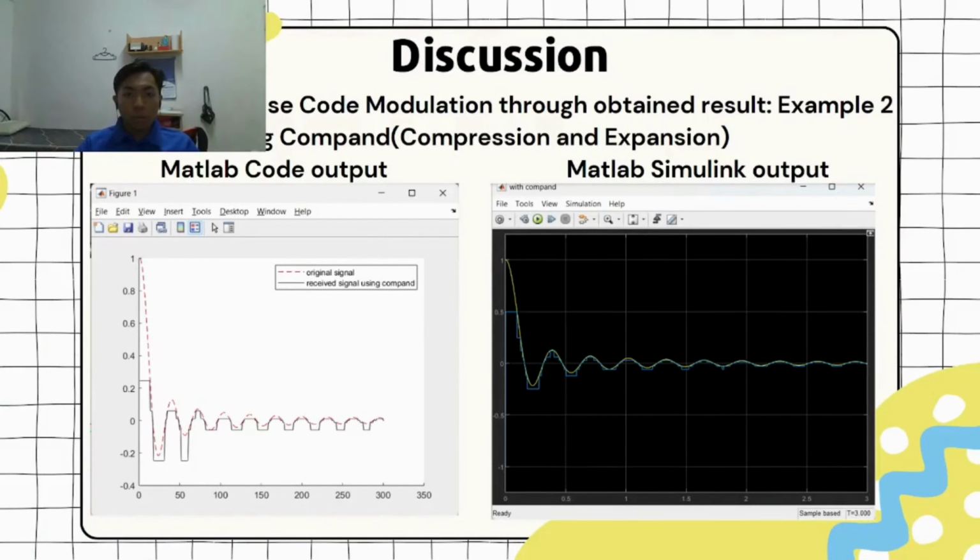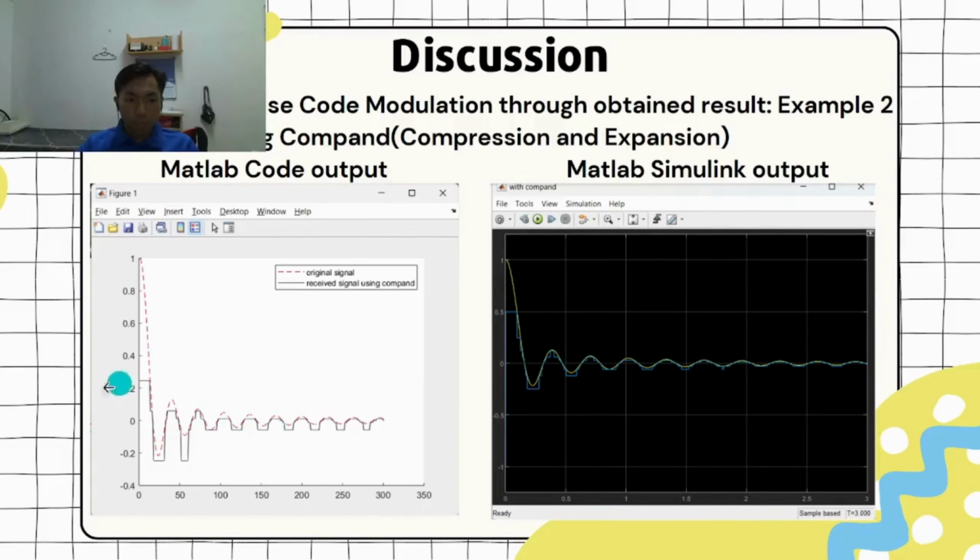The output is the same for both code and simulation. For the discussion of example 2, by using the compander, the mu-law for compression and expansion, you can see that the MATLAB code output and the MATLAB simulation output are identical. First we use code for the signal using the compander.